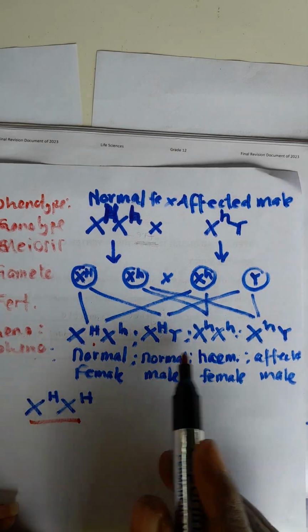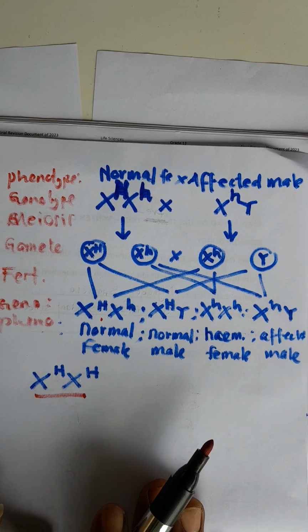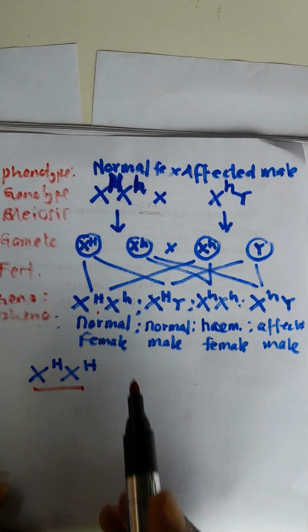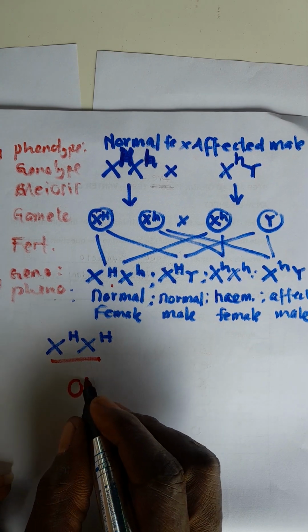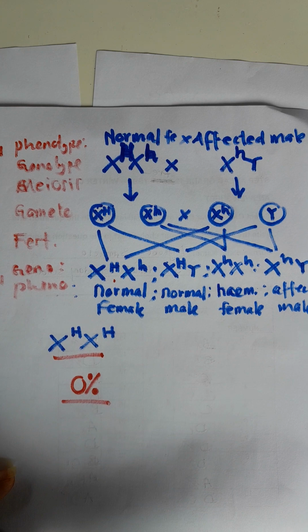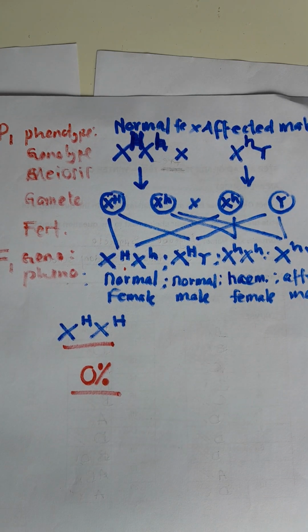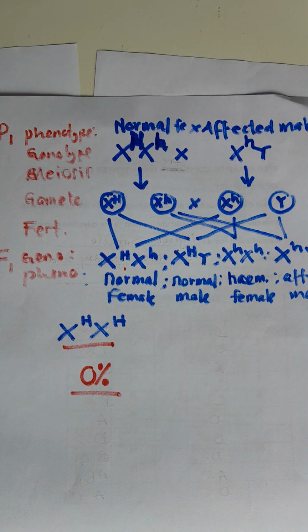So do we have the child here that has normal blood clotting? No, because we don't have the homozygous one. So therefore, it's going to be 0%. So your answer in this case is going to be 0%. So if they were to ask you for their chance of a daughter having abnormal blood clotting, we've got only one daughter that has abnormal blood clotting.